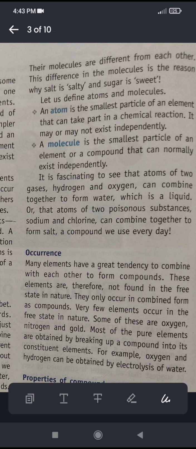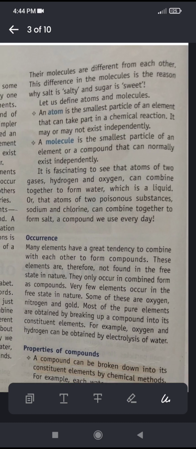We use salt every day in our daily food, in any vegetable dish, whatever we eat in lunch or dinner. Salt is made up of two poisonous substances, sodium and chlorine. Got it?